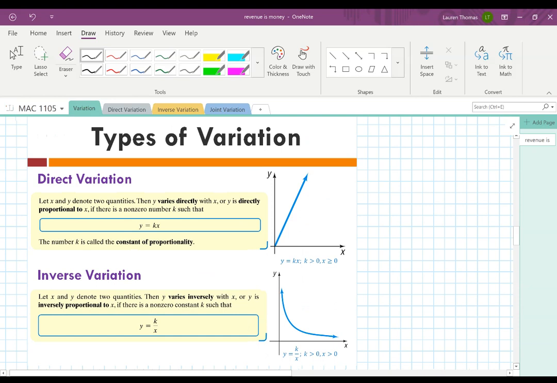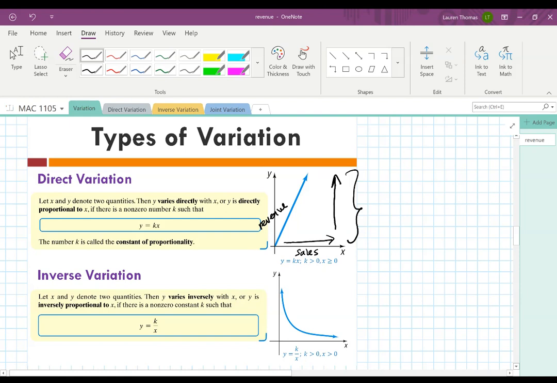If we look at this picture, this is exactly what that example was talking about when they said that revenue is directly proportional to sales. Our sales would be on our x-axis because it's the thing that we are changing, and on our y-axis would be our revenue. As sales increases, as I move to the right in x, my y value, which is my revenue, is also increasing.